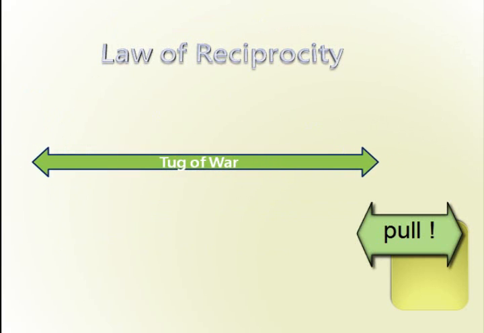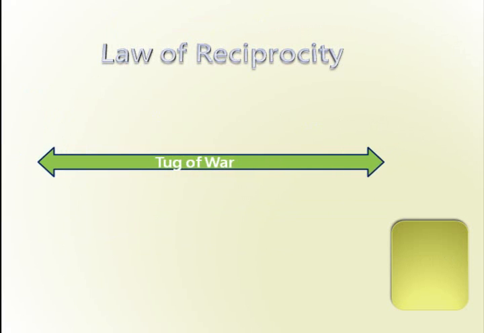Think of the law of reciprocity as a tug of war. You got a rope, and the rope is only one distance, and as you pull the rope one way, the other side is affected. You can't pull one way or the other without the other side being affected, and the rope never changes.